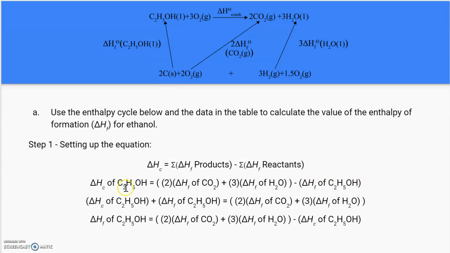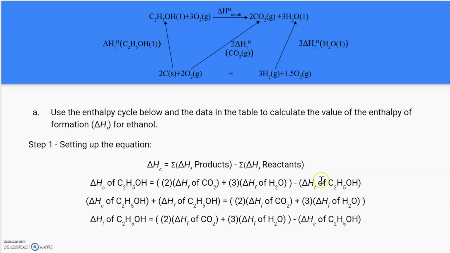So once we have that, we can identify variables, right? So we now have an enthalpy of combustion of ethanol, an enthalpy of formation of carbon dioxide, an enthalpy of formation of water, and an enthalpy of formation of ethanol.